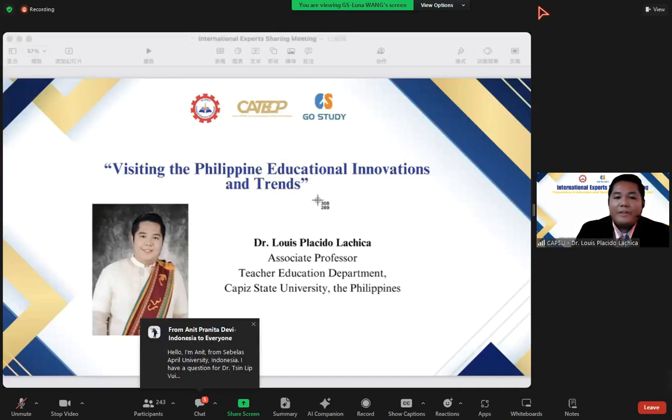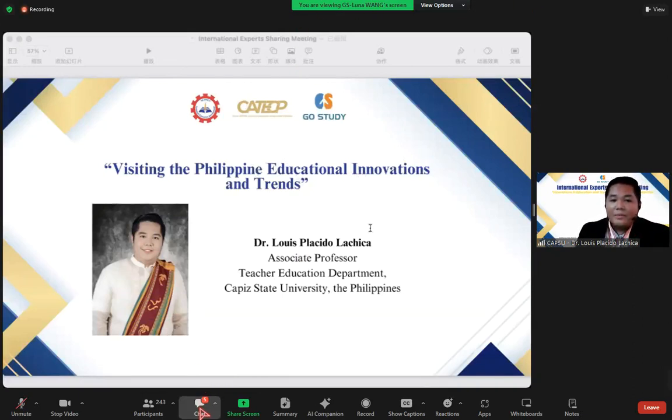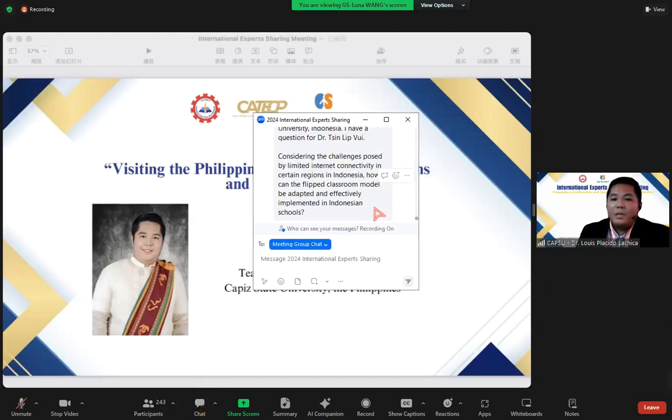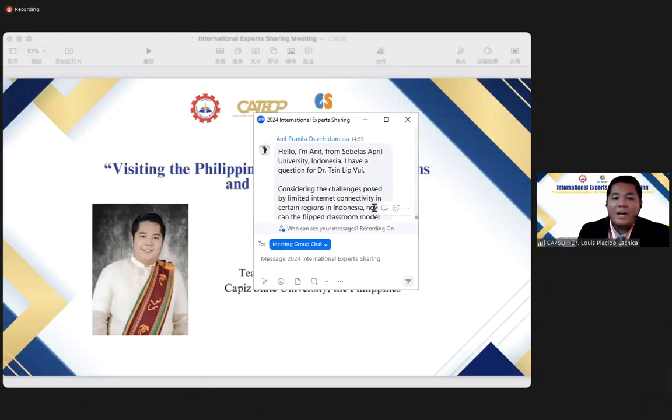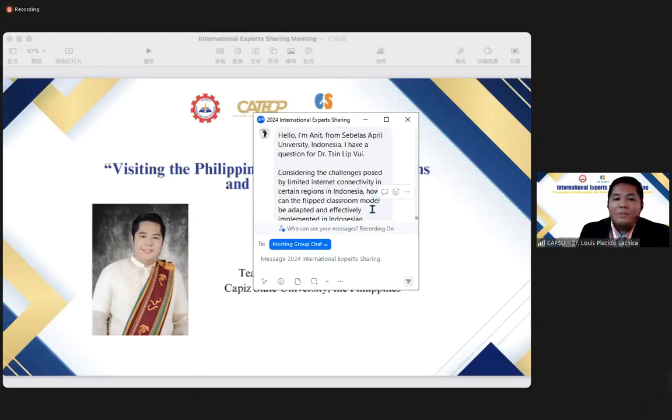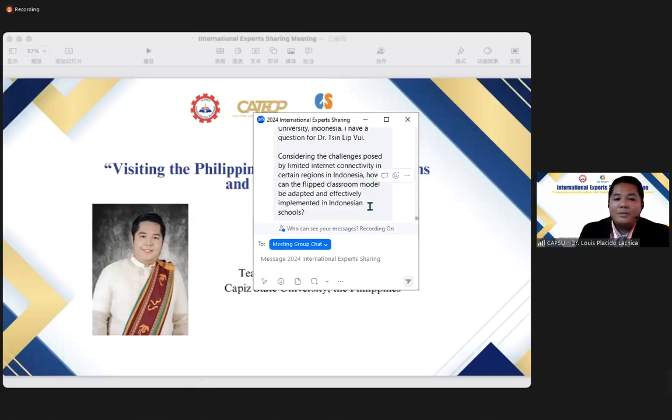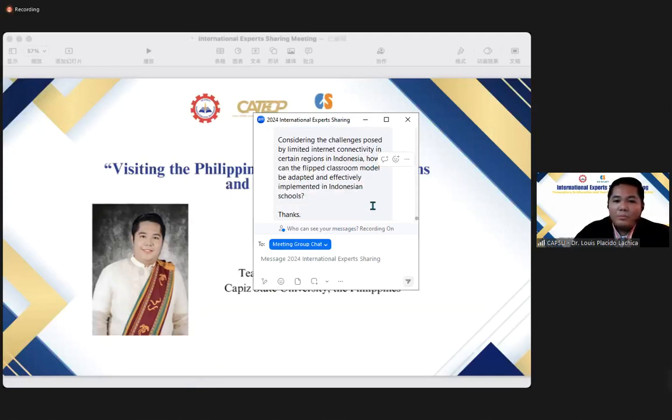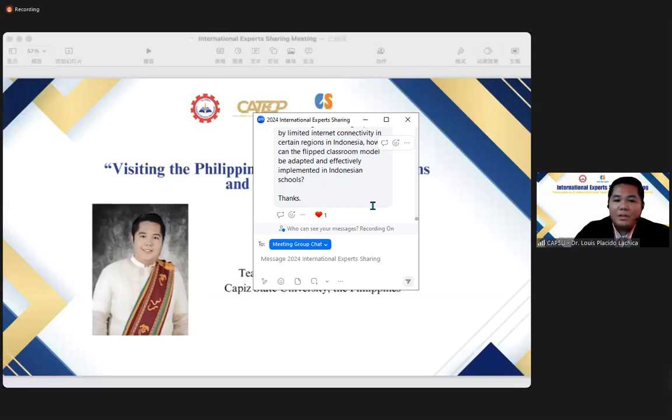Just like what I mentioned in the presentation, in the Philippines, in order for us to exercise our academic freedom, we base it on the standing policy of the government, on memorandum orders by the Commission on Higher Education, and then integrate that into the curriculum. And with that, we try to contextualize.